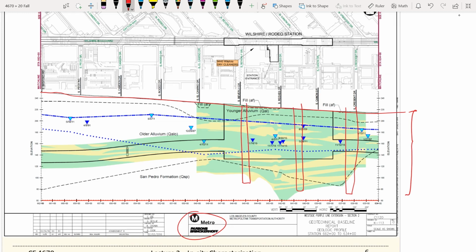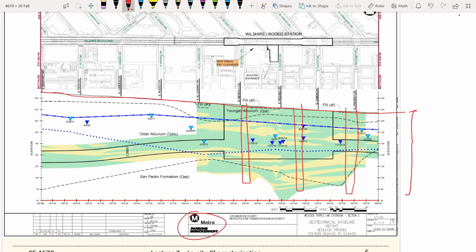Those boring logs were obtained from information from either SPT or CPT testing. After you compile all the information, you can start connecting the dots, and then you can depict the subsurface or try to map what the soil type is underneath the ground.